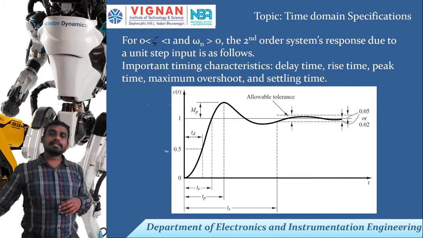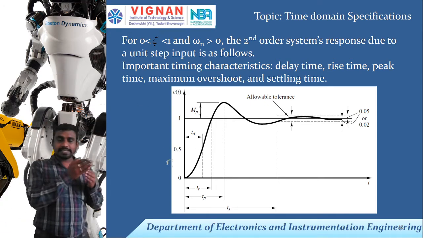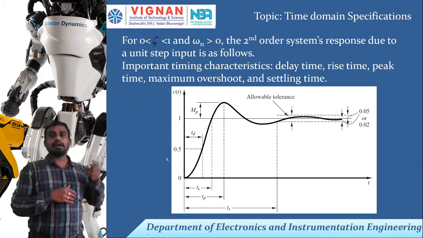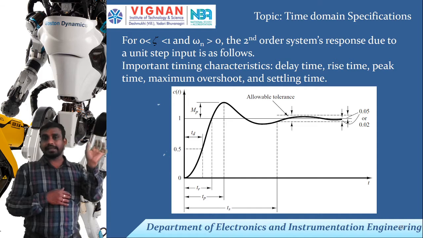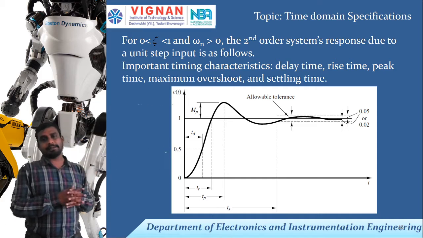Rise time is the time taken for the response to go from 10% to 90% of its output; the time taken to reach that particular amplitude is specified as the rise time.